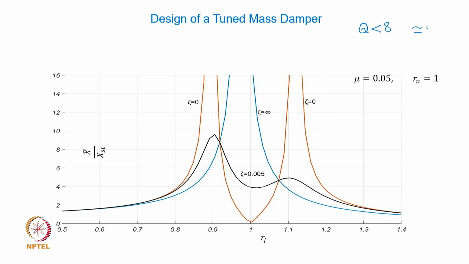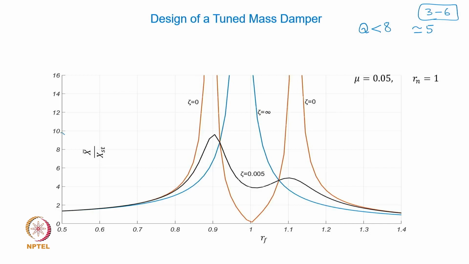Preferably, if it is close to 5, perfect. Okay, so in general, if you design it to lie between 3 to 8, or maybe 6 or 7, in this range, this quality factor is perfectly okay. The moment this quality factor goes beyond 8 or 10, your design is not really good. You have to rework on your design.